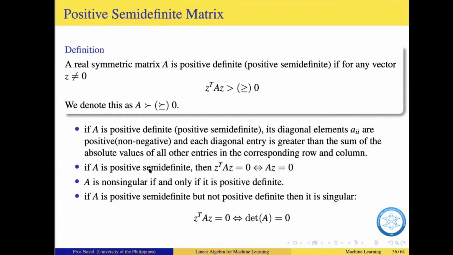Also, if A is positive semi-definite, then Z transpose A Z equal to 0 implies that A Z is equal to 0 and vice versa: A Z equals 0 implies that Z transpose A Z is equal to 0. A is non-singular if and only if it is positive definite. And finally, if A is positive semi-definite but not positive definite, then it is singular.